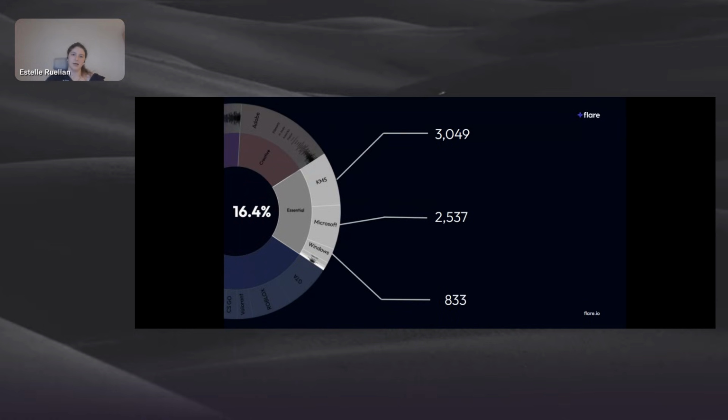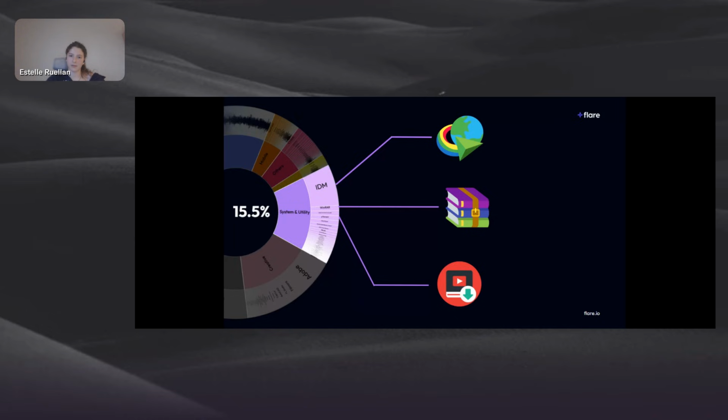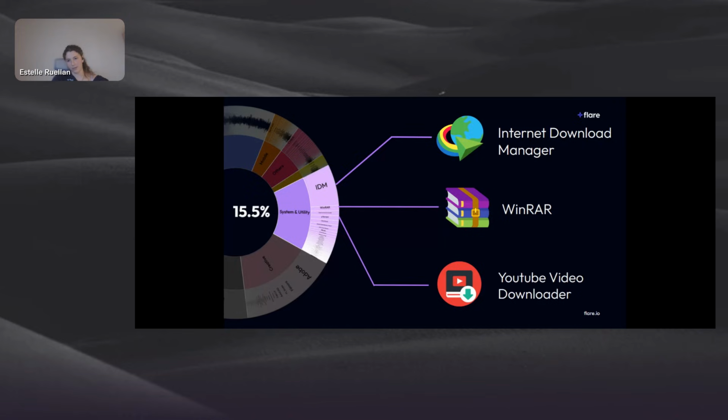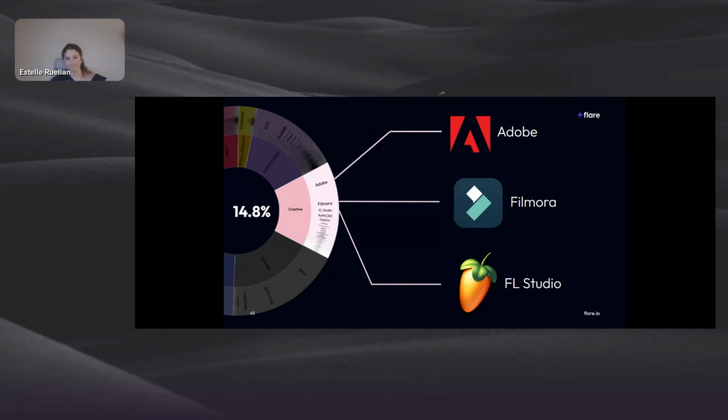If we look for the essentials, everything is basically related to Microsoft in the top 3. Then, for 15% more of infections, you have well-known brand names like Internet Download Manager, Winrar, or even YouTube video downloaders. And then in the creative section, a bit less than 15%, we have again famous brand names like Adobe, Filmora, or even FL Studio.